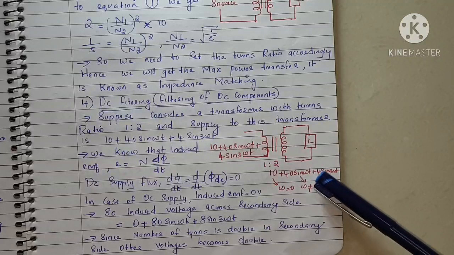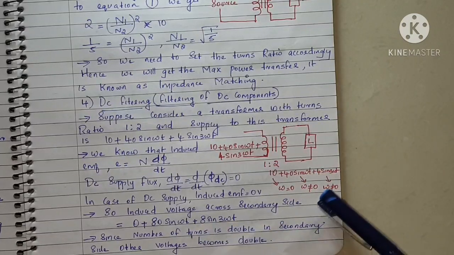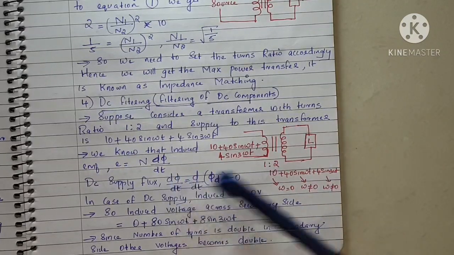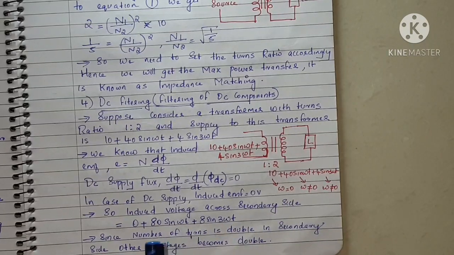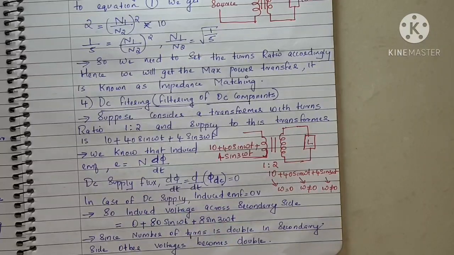Number of turns is double means 4 into 2 is 8. This is a constant, there is no φ term, so sin 3ωt. There is no DC term when we calculated the induced voltage across the secondary side, which means the transformer filters this DC term.